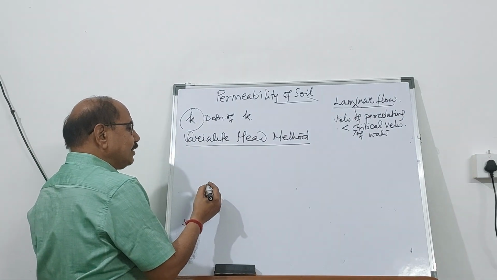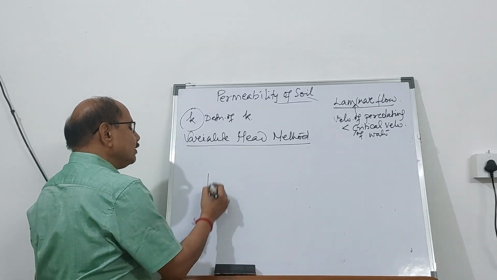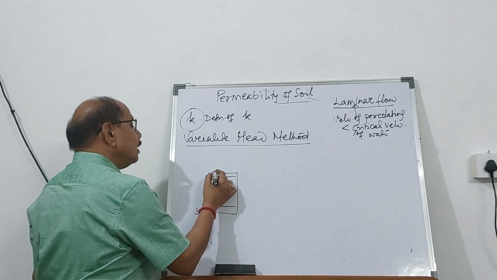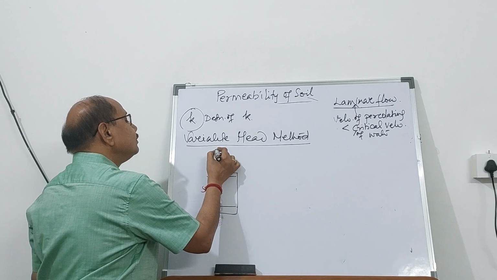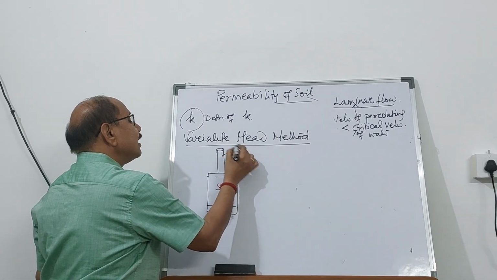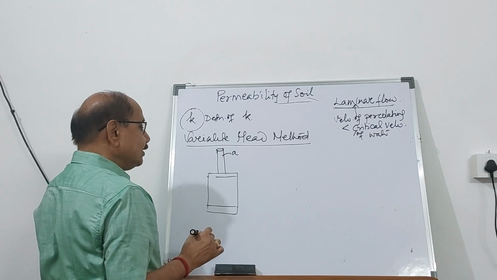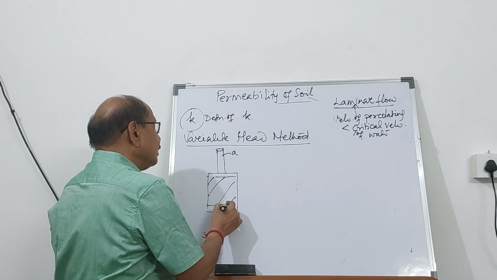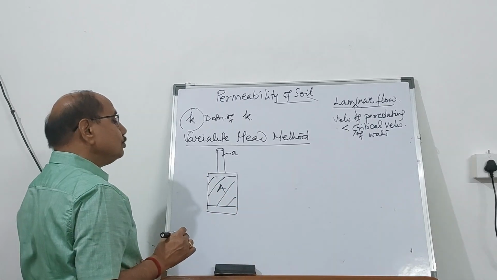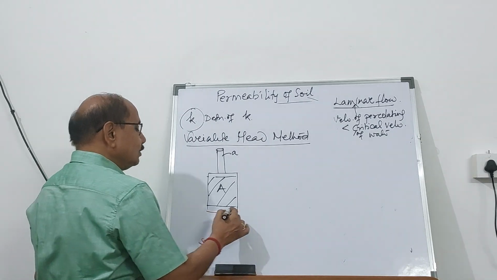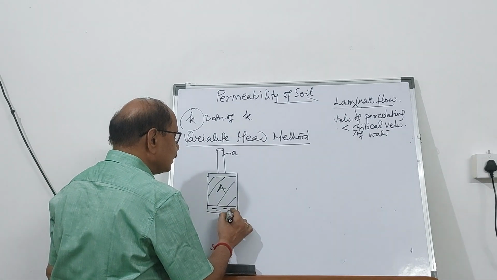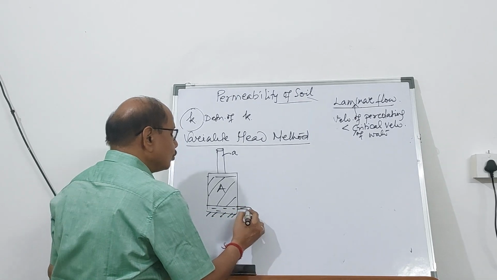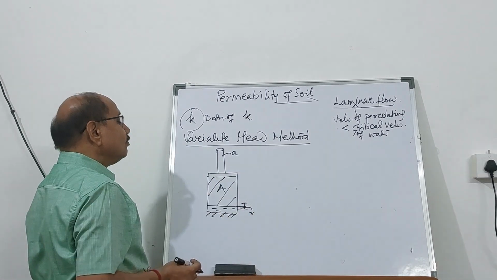So, in a variable head method, you have the soil sample in the permeameter, and you put a stand pipe. The cross sectional area of this stand pipe, you can measure it, internal diameter. So, the cross sectional area of the soil sample is also known to you, and you allow the water of this permeameter to come out by opening the valve.